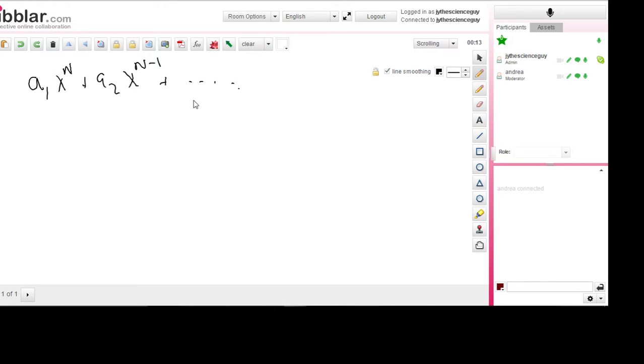Is that how they have it set up in your textbook? They don't put the one there. They just put a n x n. Maybe I'll take a picture. Okay, hold on. I just need to know the format.